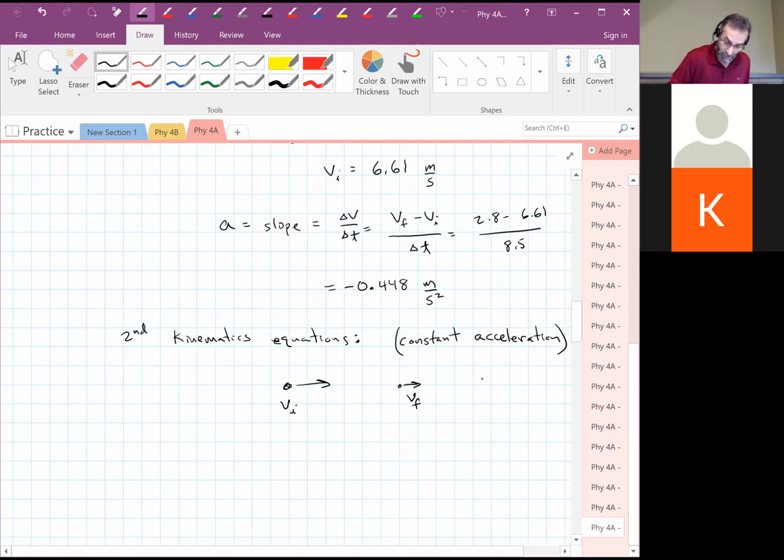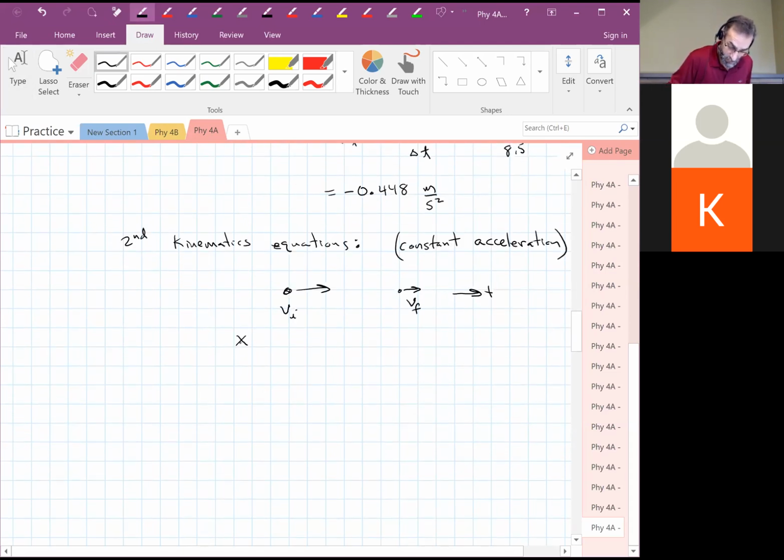And we'll just take that as our positive direction. So that way everything's positive. So I like to make a little chart like this when I do these kinematics problems. This is just one-dimensional motion, right? We've got an object moving in a straight line.